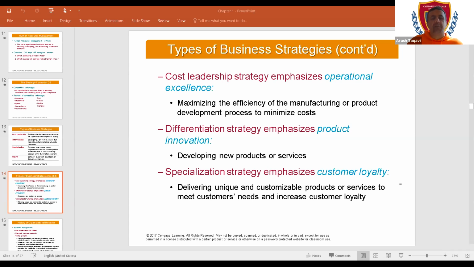Sometimes it is not good for product innovation. Why? Because in Walmart, you can see a lot of not high quality products, no new quality. But on the side of customer loyalty, you can find good services and customer services.